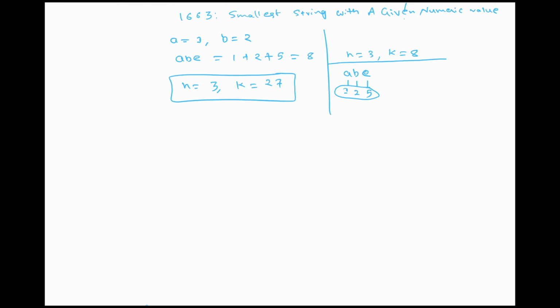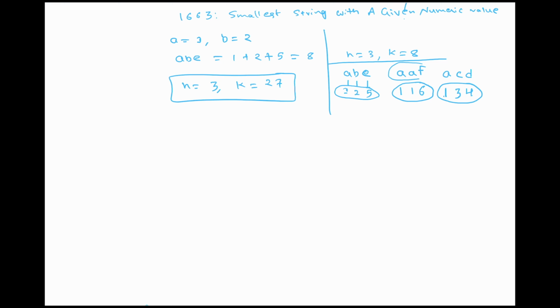Or there can be another solution, AAF, where A is 1, A is 1, and F is 6, so 6, 7, 8. This is also another solution. Another solution can be ACD, where this is 1, this is 3, and this is 4, 4, 5, 6, 7, 8, right? So all of these are valid solutions, but which one is the lexicographically smallest solution?